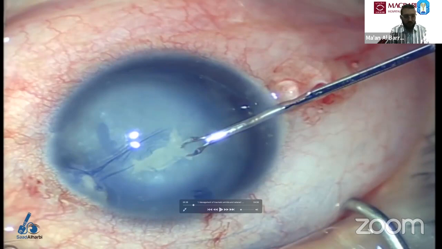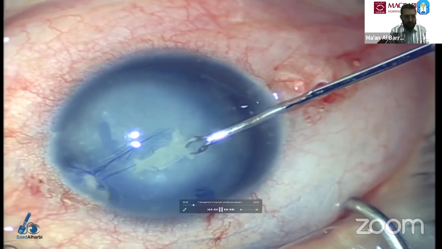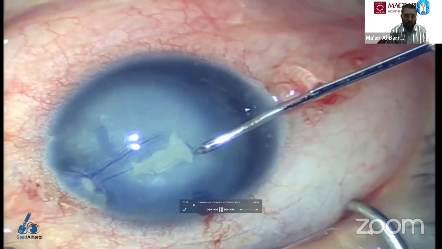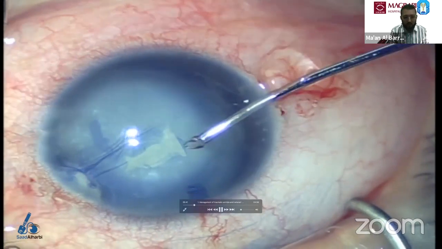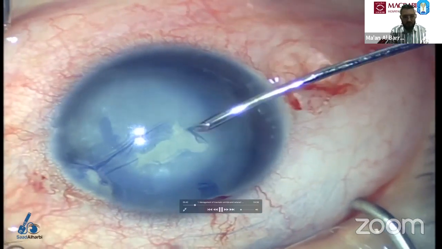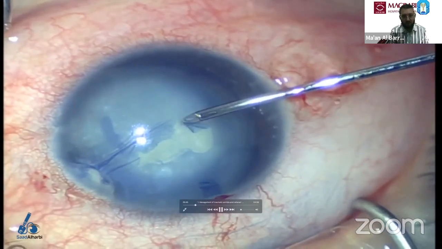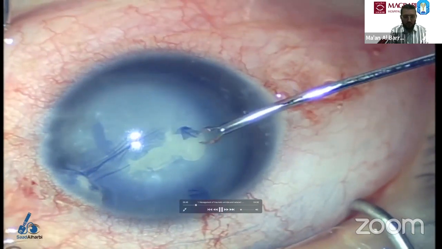But like in your case, it seems that although there was a defect, the lens matter was contained. It's always better to wait and perform it as an elective surgery if there's no significant ocular inflammation.